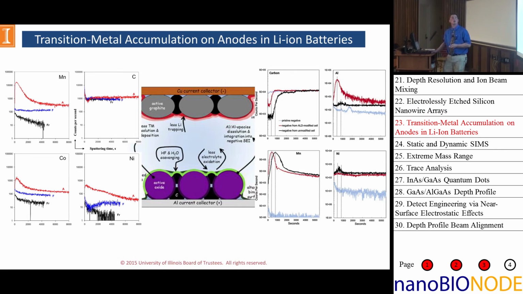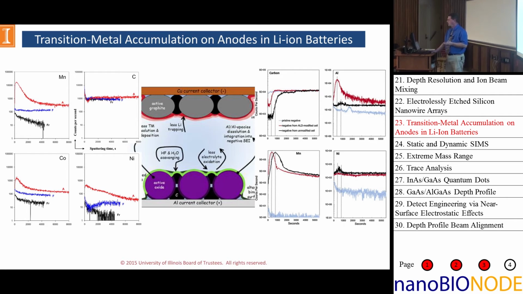Also did some work on lithium-ion batteries. Lithium-ion batteries consist of a negative electrode generally made out of graphite, a lithium-containing positive electrode, which will have other metals in it, nickel, cobalt, manganese, and an electrolyte, which is generally LiPF6.